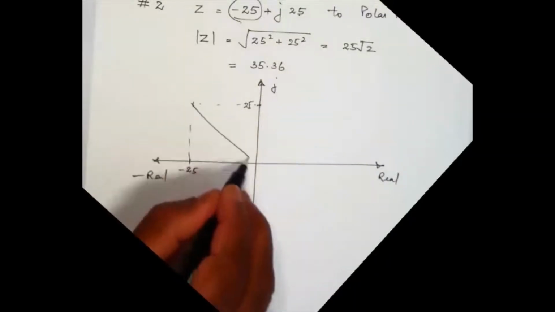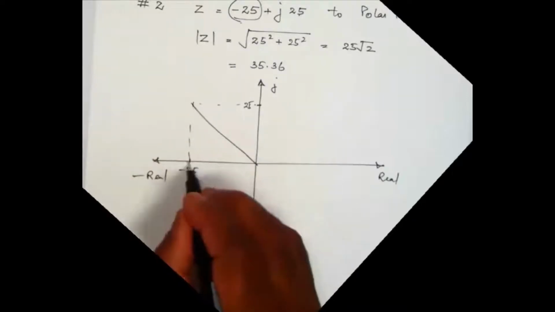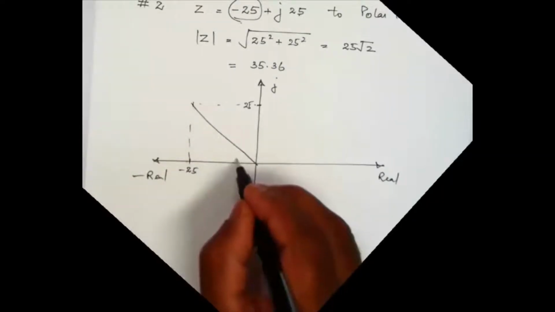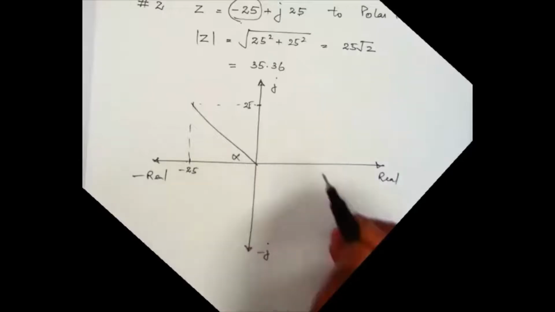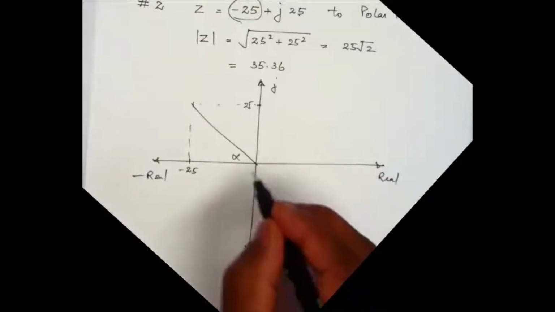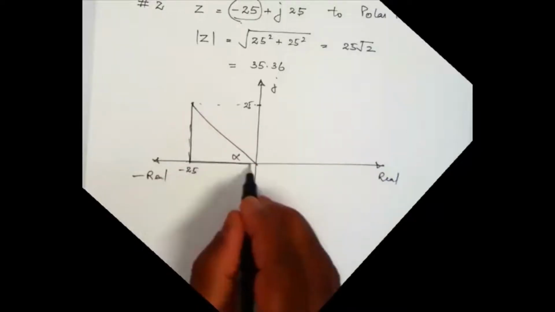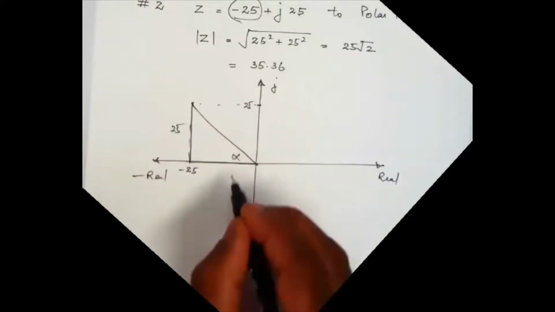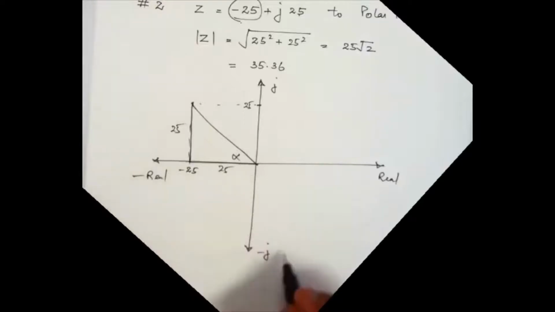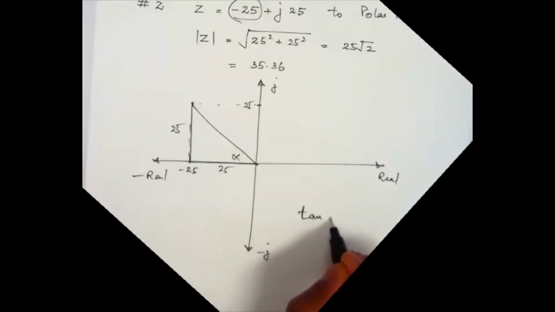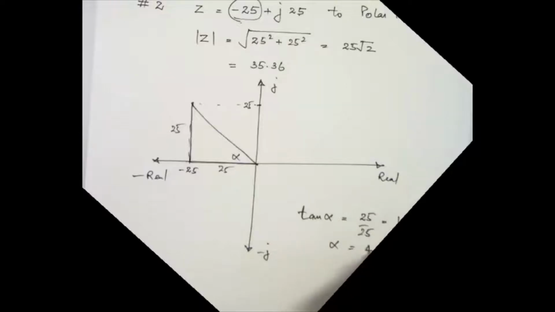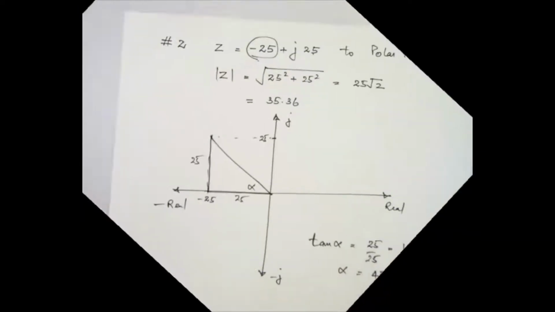Again these are equal quantities, so let's say this angle is alpha, and tan alpha is this side upon that side, and that side is 25 and that side is 25. So tan alpha is simply 25 upon 25, that is 1, and alpha is equal to 45 again.